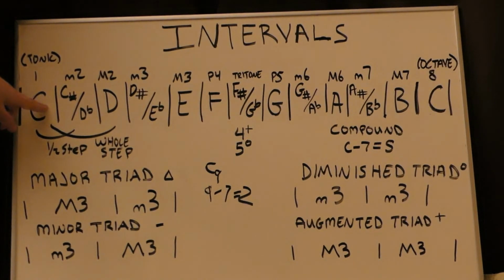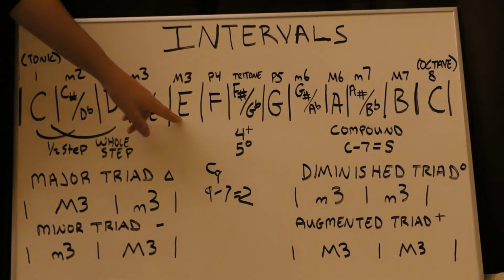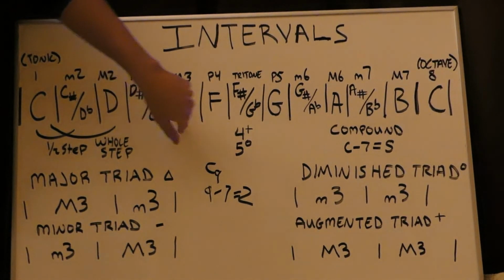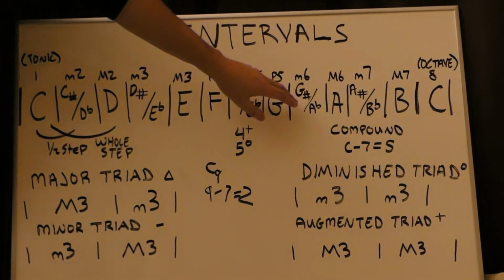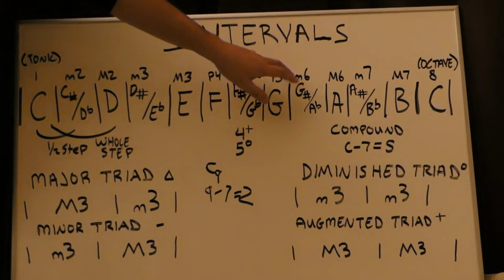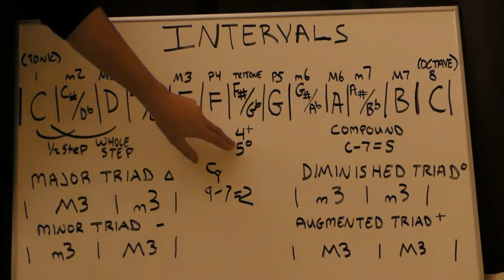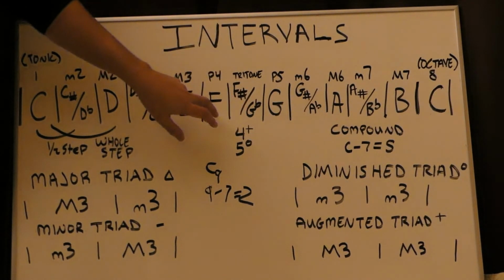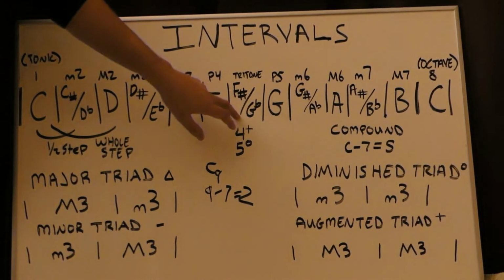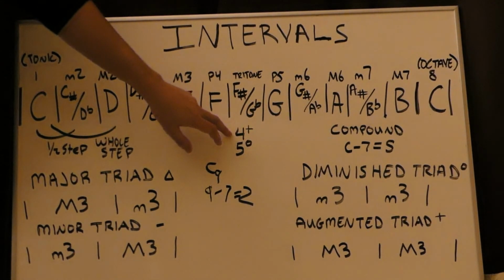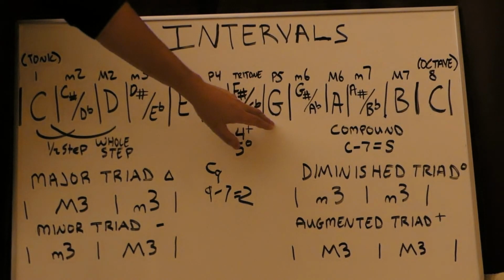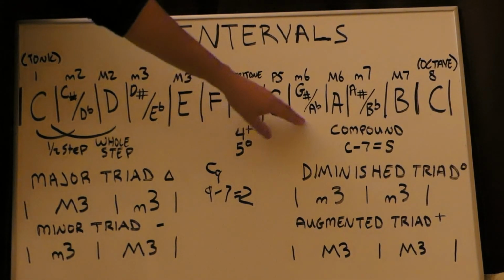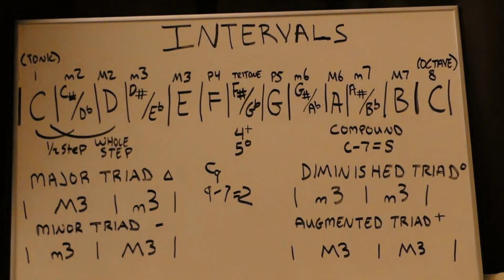So we have our C, we go to a major third, which is E, and then we go up another major third, which could be a minor sixth, but how we were discussing earlier, if we take a pitch and raise it a half step, how we did our fourth and it became our tritone augmented fourth, if we take our perfect fifth and go up a half step, that is an augmented fifth. And that will sound like this.